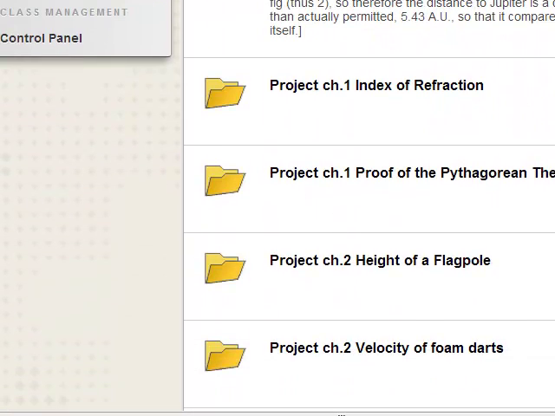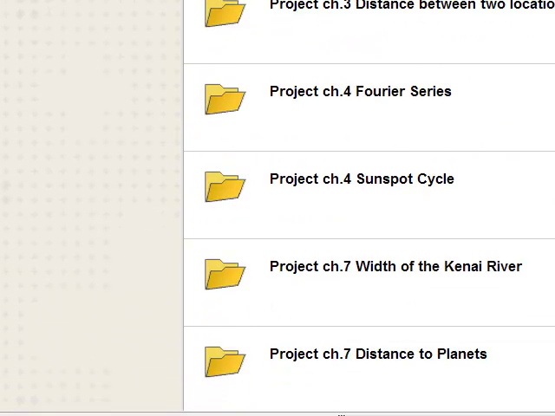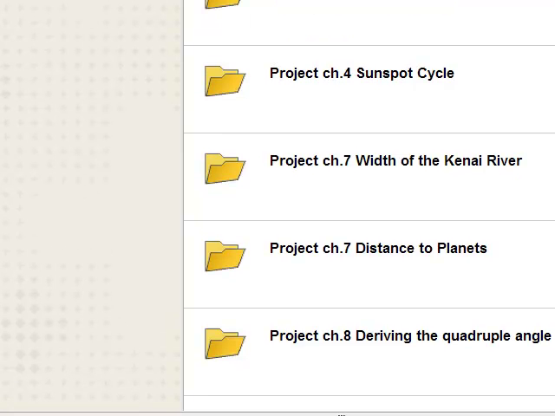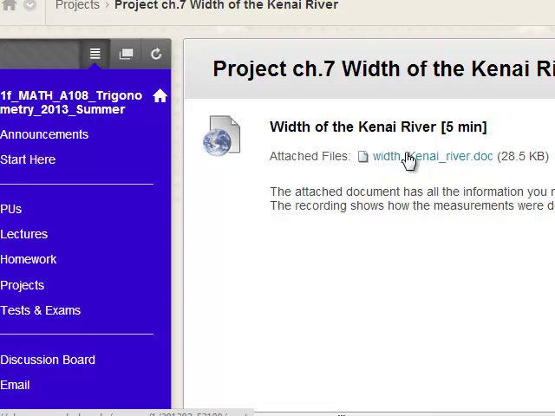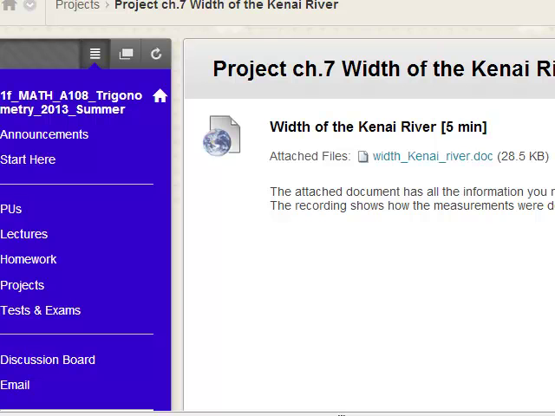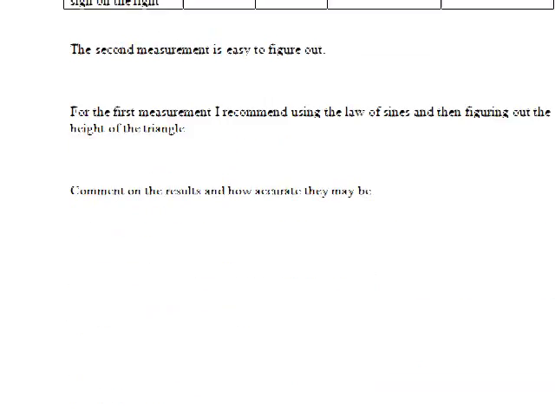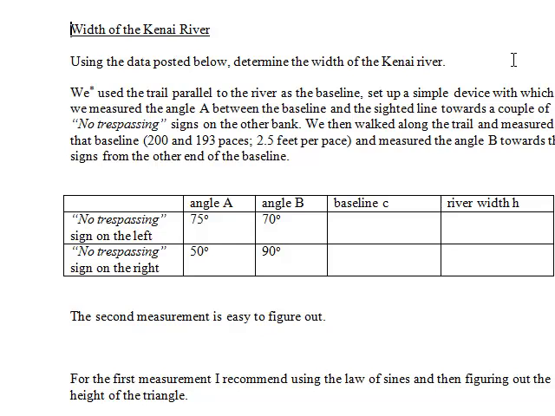Again, a couple of disclaimers on the top, and then there are certain projects here: index of refraction, proof of Pythagorean theorem, height of flagpole. Some of these you may see in the book, others I made up and put them with the chapters that they should go with. For example, width of the Kenai River, and there was a photo somewhere posted as well, respectively a recording, and then it talks about, well, determine the width of the Kenai River.